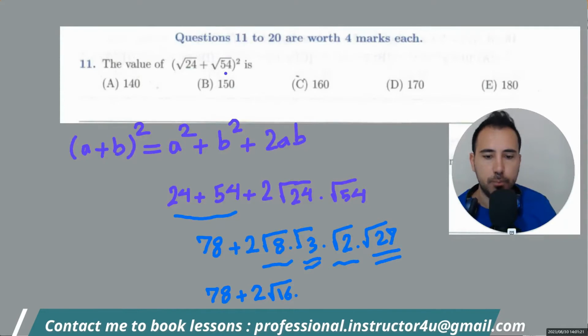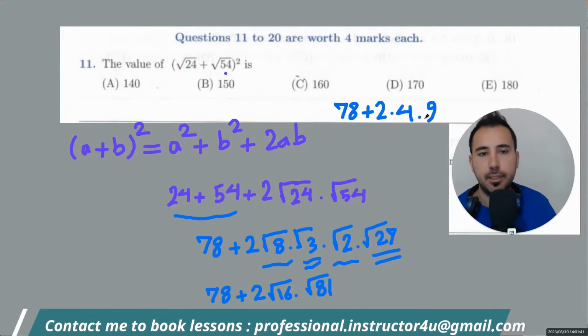So it will be the square root of 81. We know that the square root of 16 is 4, the square root of 81 is 9. So it will be 78 plus 2 multiplied by 4 multiplied by 9. Okay, so this will be 72, 72 plus 78. As you see, it's going to be 150 over here.